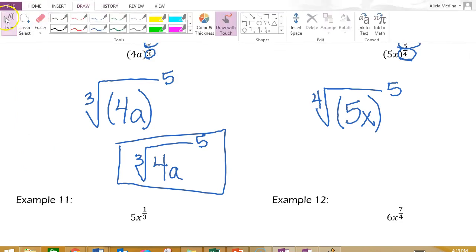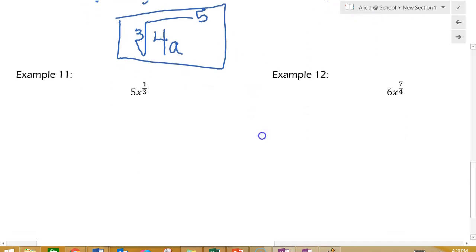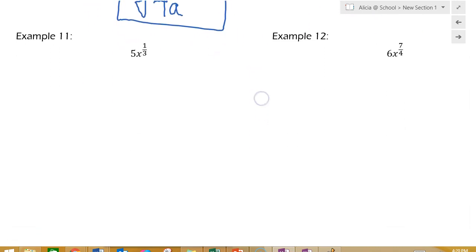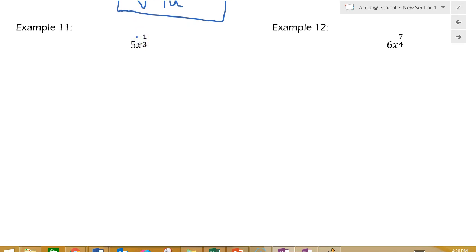I'm going to scroll down here to the last two examples of this video. Now notice that I have 5x to the 1/3 power. 5 has its own exponent, right? It has that invisible 1 there that you never really write. It's not in parentheses like the previous example, right? We didn't have parentheses over 5x with the whole thing being raised there. Everything has its own parentheses.